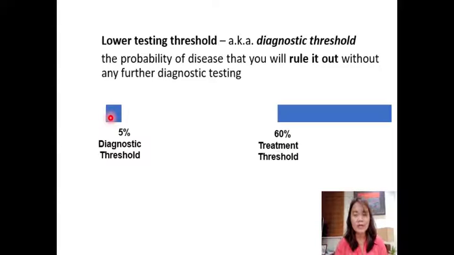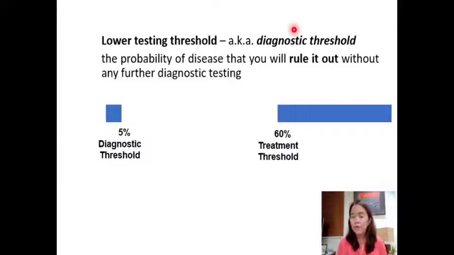So these testing thresholds are arbitrary and may depend on your experience and confidence as a clinician. Some things may affect setting your thresholds, whether you will move them to the right, to the left, higher or lower. These are the severity of the disease, the cost of the test, the safety and invasiveness of the test, and the cost and safety of the intervention itself.